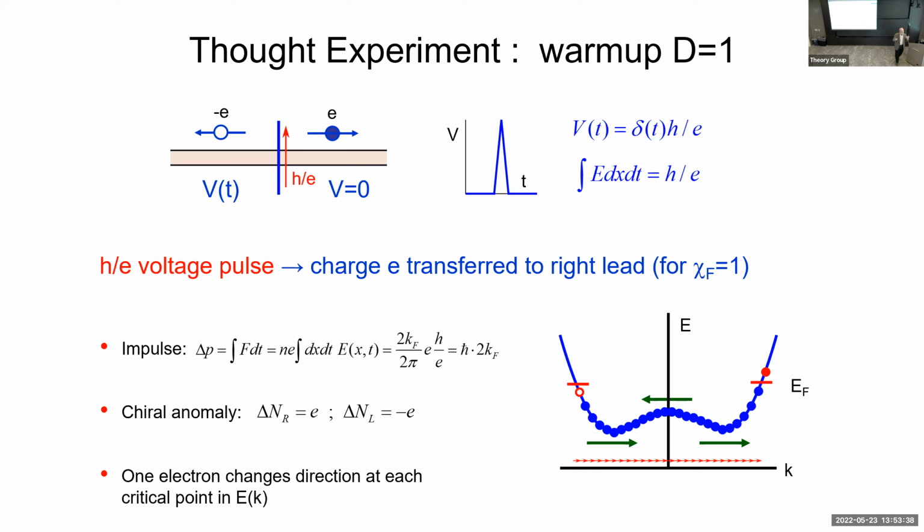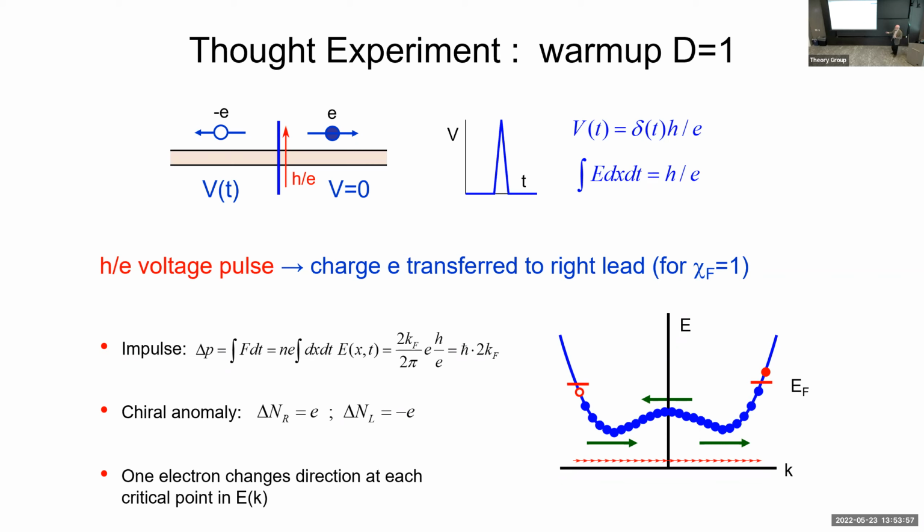Okay, and how does the chiral anomaly happen? How can it be that the charge of this left mover and the charge of the right mover are not conserved? The reason that happens is because the left and right movers are connected to each other precisely at the points where the velocity is equal to 0.